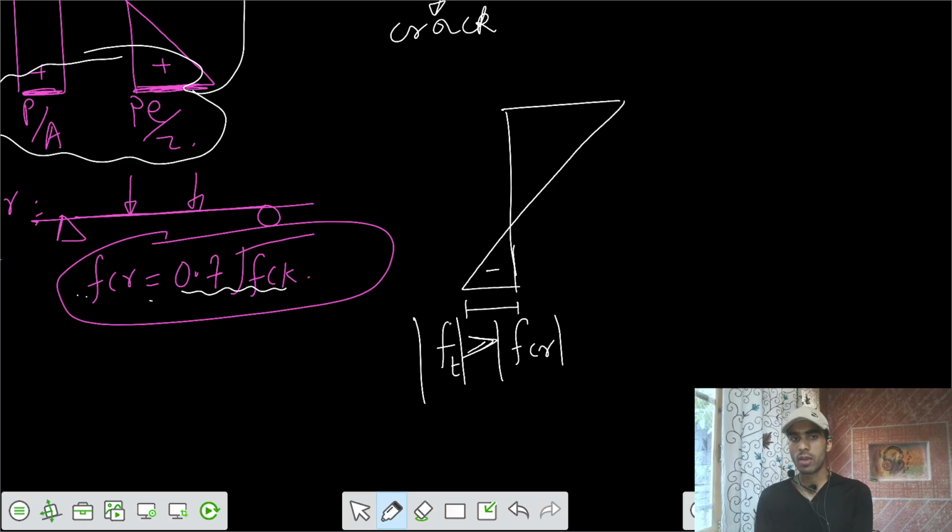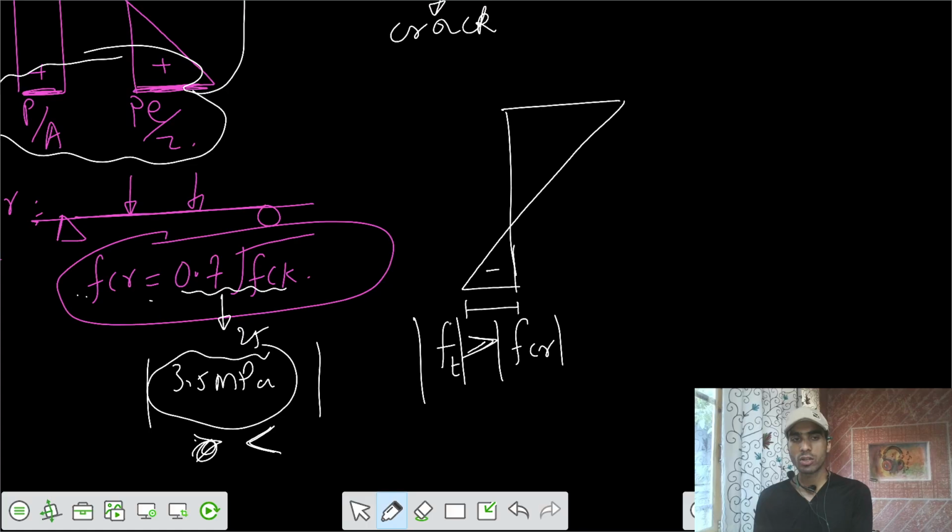Say you have fck equal to M25, so your fcr is 3.5 megapascals. This is a tensile stress, but in terms of magnitude, it should be less as compared to this one.